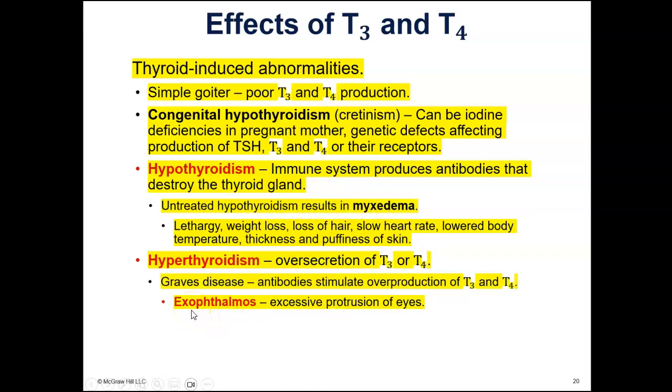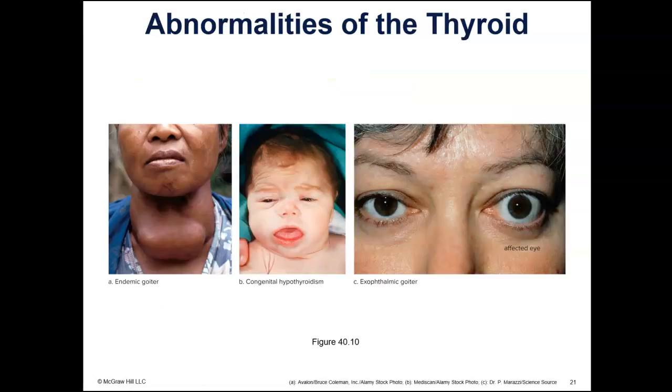And you can have exophthalmos, which is the excessive protrusion of the eyes. You can see someone that kind of looks like bug eyes when they have Graves' disease. You can see that with this lady here, the eye that's affected. I've known people with Graves' disease, and they do have that appearance in their eyes.